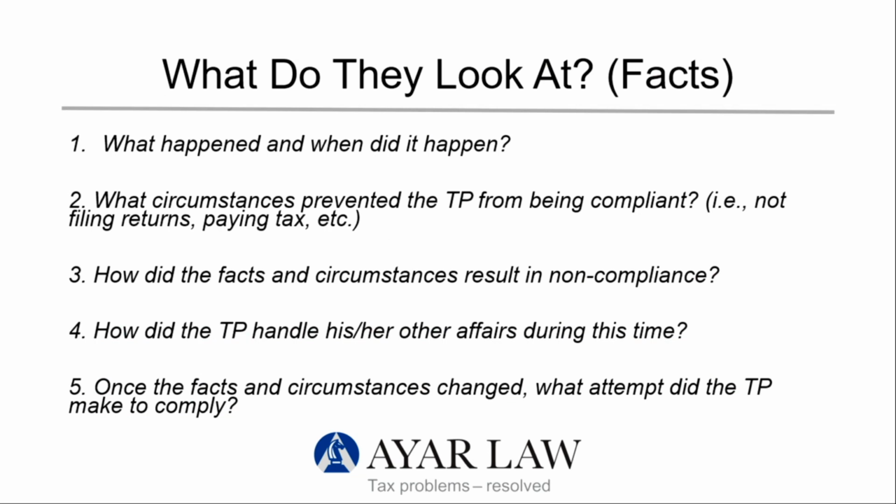What circumstances prevented the taxpayer from being compliant? For example, not filing returns, not paying taxes, making deposits. How did those facts and circumstances result in noncompliance? How did the taxpayer handle his or her other affairs during this time? And then once the facts and circumstances change, what attempts did the taxpayer make to comply?